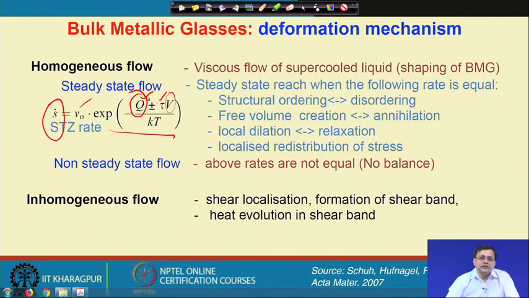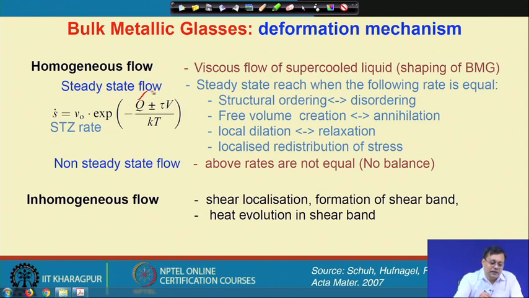In that case the activation energy will increase, being retarded by the stress, or it could simply decrease by the application of stress, and that is why I put here a plus minus term. It means there are some shear transformations in some clusters which are favored by the applied shear stress, and so we can get a mathematical expression for such a steady state flow.